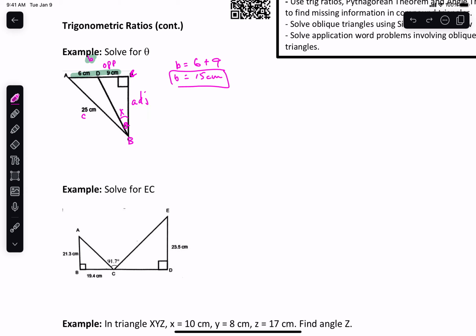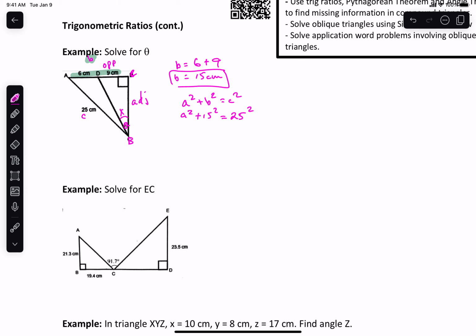Okay, so we're gonna go a squared plus b squared is equal to c squared, and so I'm gonna have 25 squared as the hypotenuse, and 15 squared for b, and a is gonna be the side length that I'm looking for. Is that okay?